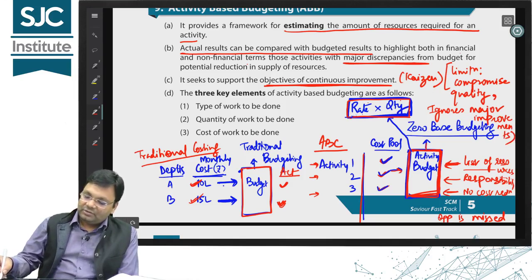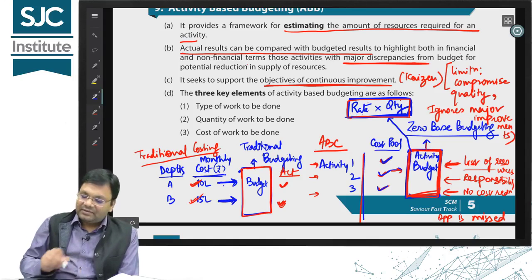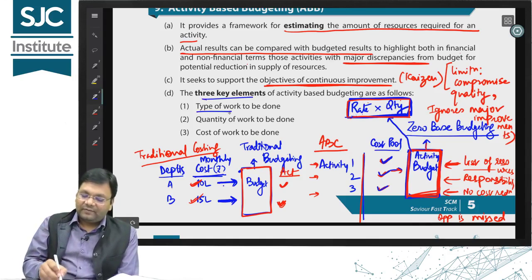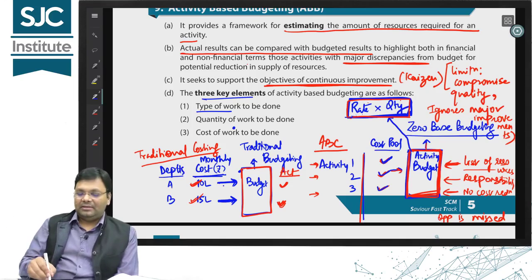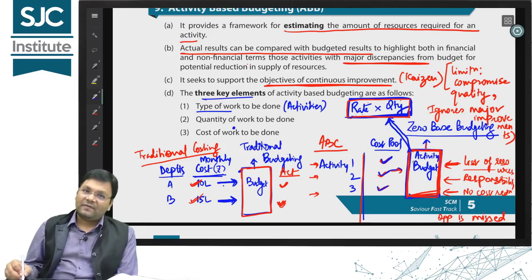So these two are the limitations of Kaizen, and there are three key elements of activity based budgeting. The three key elements are: it makes you aware about the types of work to be done, that means the activities that are required to be done. Then the quantity of work to be done, because activity cost will be coming from the list of resources required for that activity.